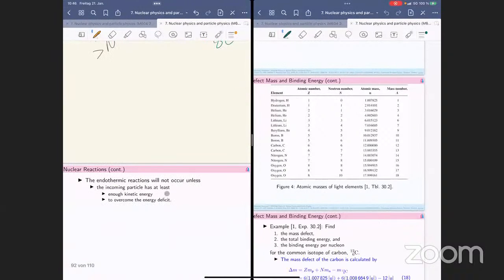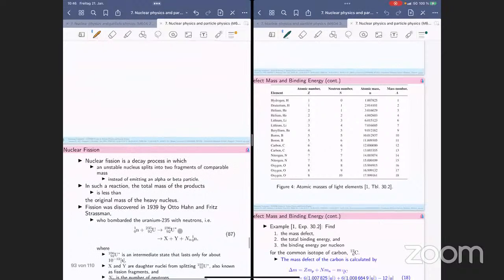The incoming particle has at least enough kinetic energy. You need to accelerate the particle with at least that amount of energy, and once you have sufficient kinetic energy, it can overcome the energy deficit.